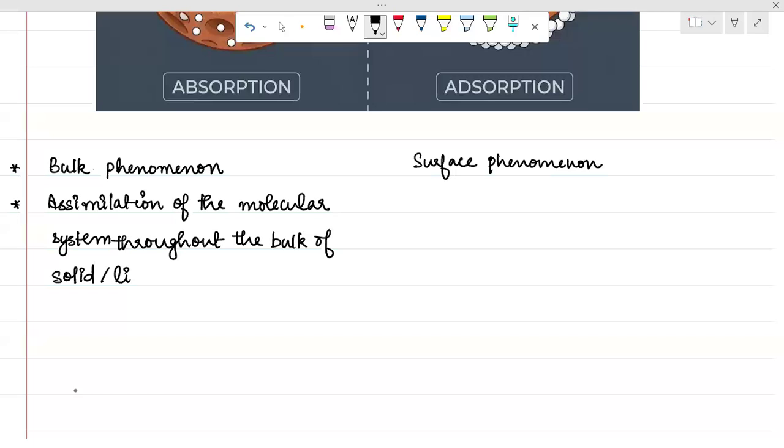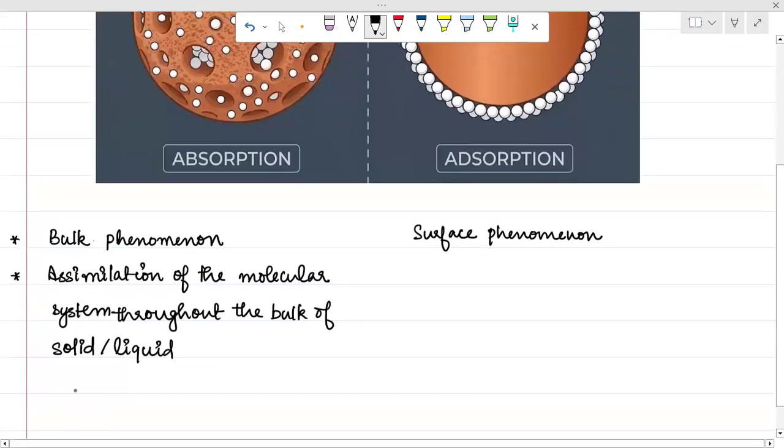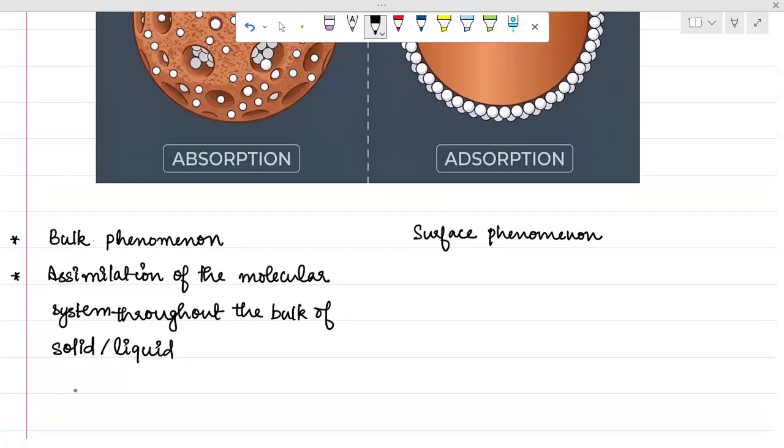So by now, I hope you understand that when you dip a sponge inside water, the water, which is the molecular system here, enters into the bulk of the sponge. And this is an example of absorption.